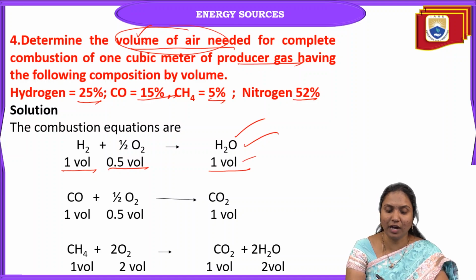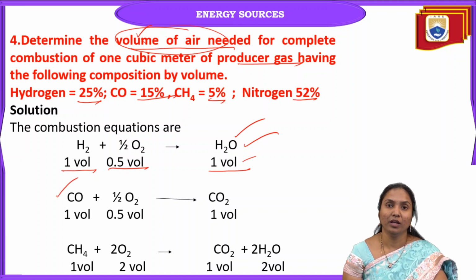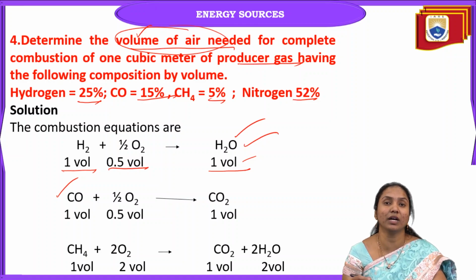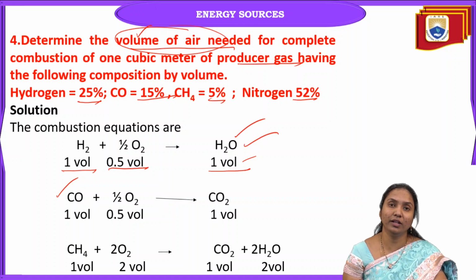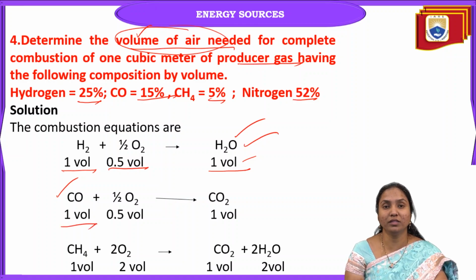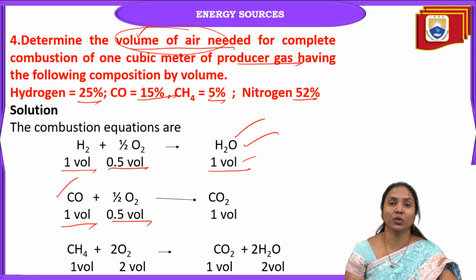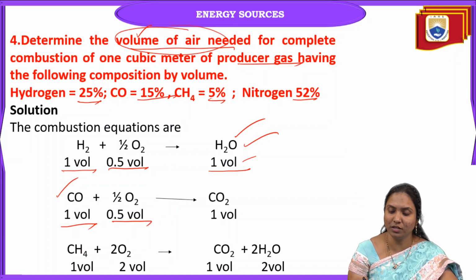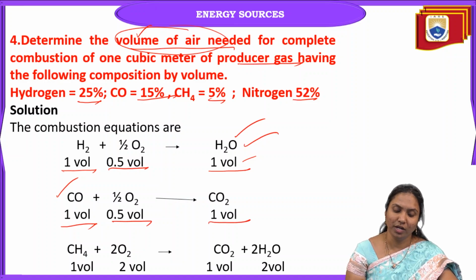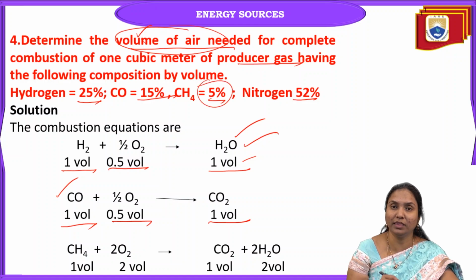And in the same way, next carbon monoxide. Carbon monoxide present in the fuel reacts with oxygen and gives carbon dioxide. So here also 1 volume of carbon monoxide requires 0.5 volume of oxygen, and the combustion product volume is the same, 1 volume. Next is methane.